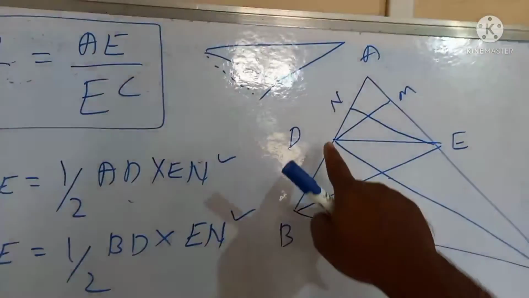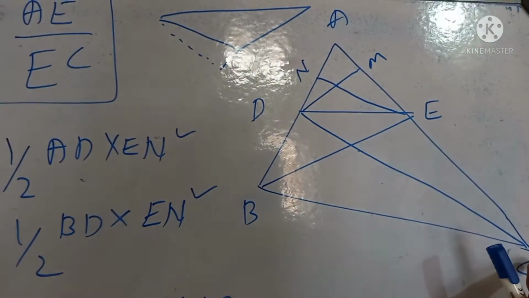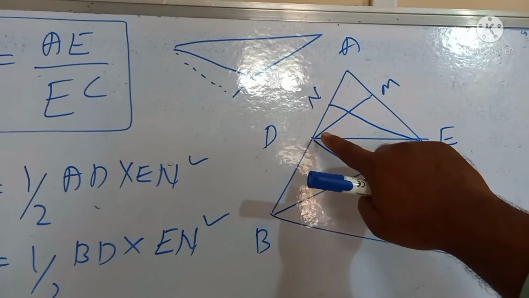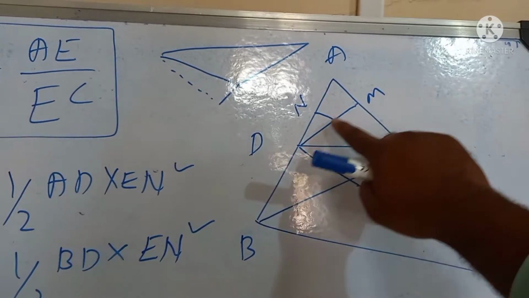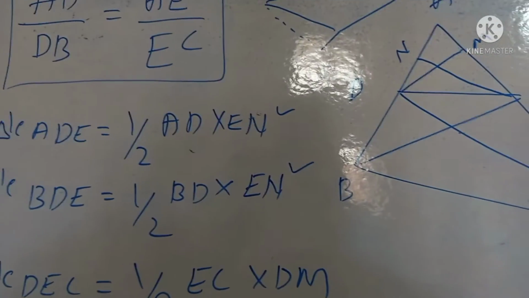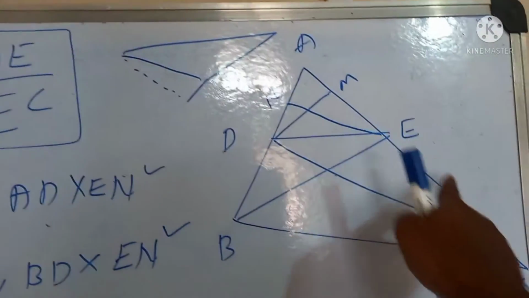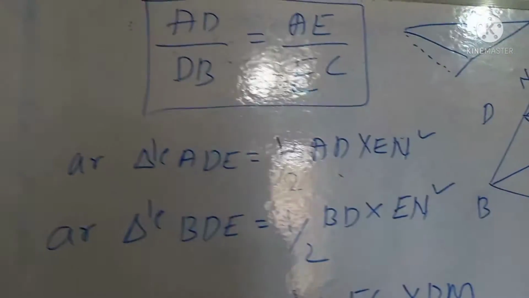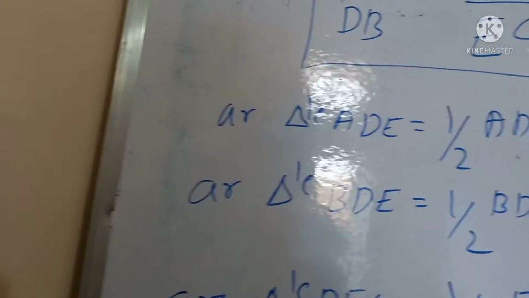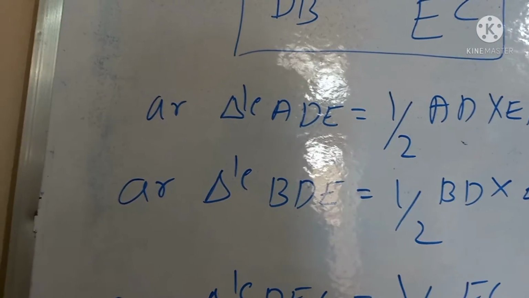Here again, in the obtuse triangle DEC, the perpendicular is like this, that's why I took DM as the height and EC as the base. Next one, for AE, the area of the triangle ADE.